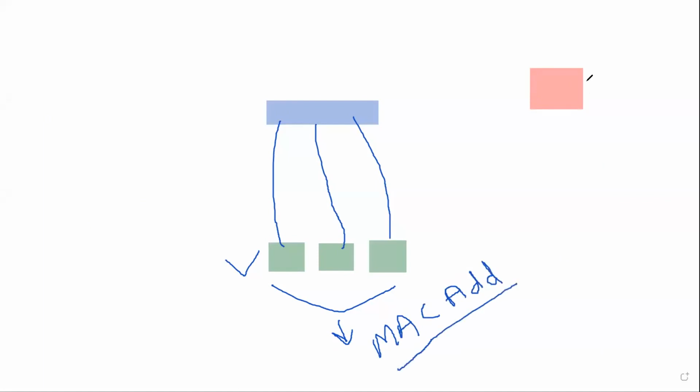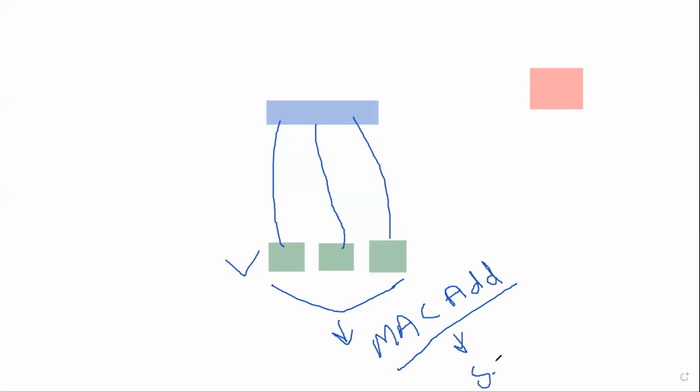Now, how does the switch know that this is an authorized computer? The switch will know them by their MAC addresses, because the switch doesn't know the person. Let's suppose Ahmad and Idris are authorized and Saif or another student is not authorized. The switch will just know the MAC addresses of the computers. These MAC addresses are called what?